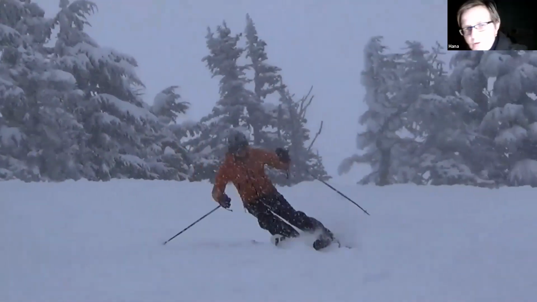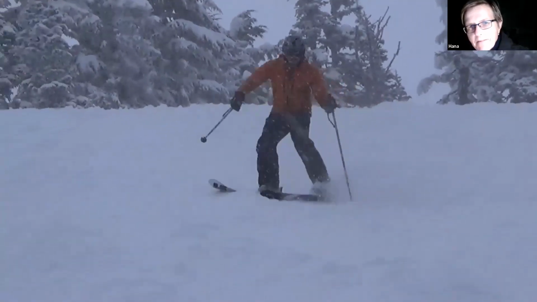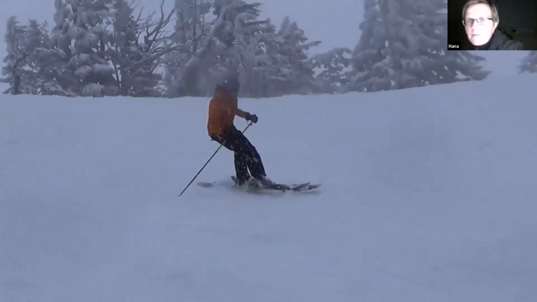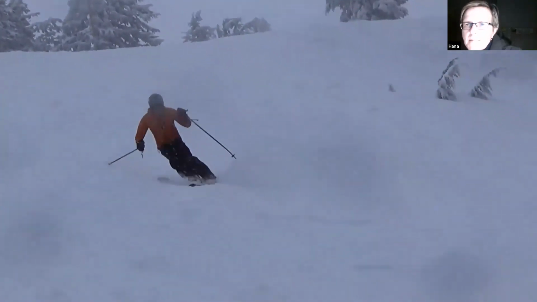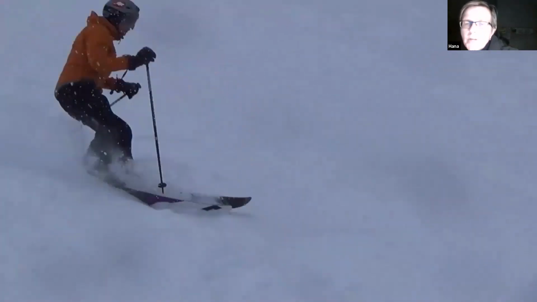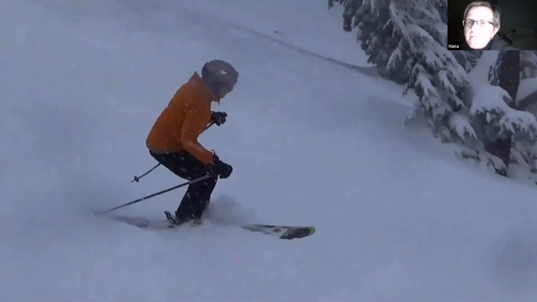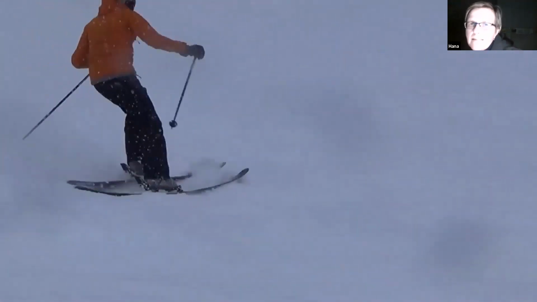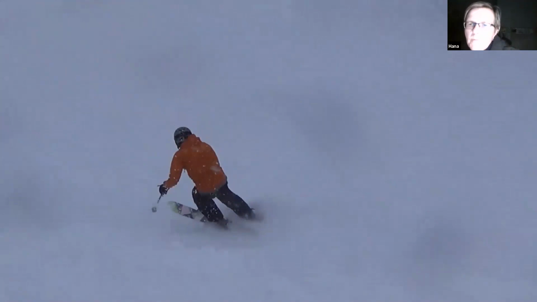The pelvis, I would have the skier try to move and face down the fall line versus being parallel to the turn, so being more proactive and facing the fall line. And if the pelvis and hips are facing down, then the upper body will move with it.